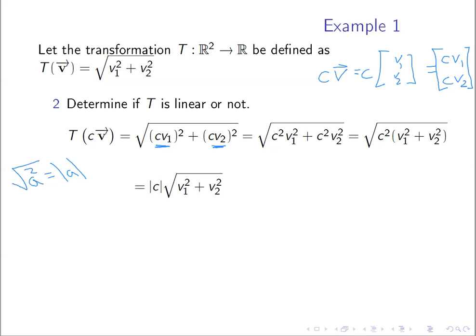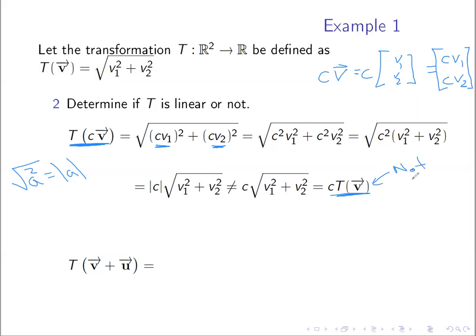Because of that absolute value, this is not equal to C times the transformation of that vector. So this alone tells us it's not linear. That's enough, we could stop right there.